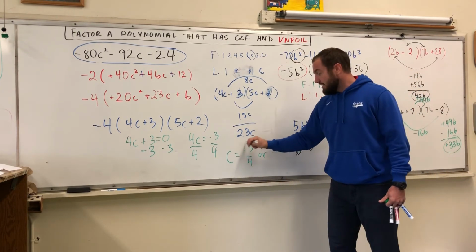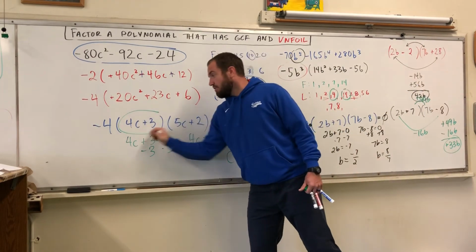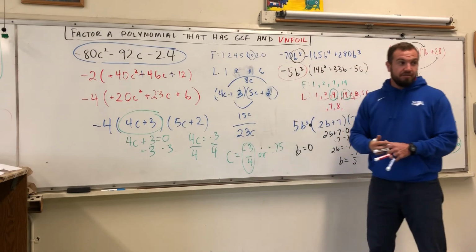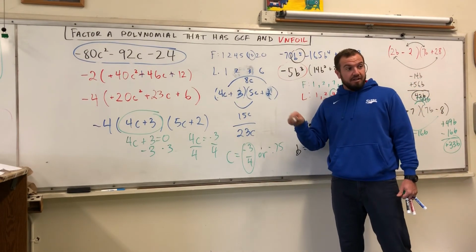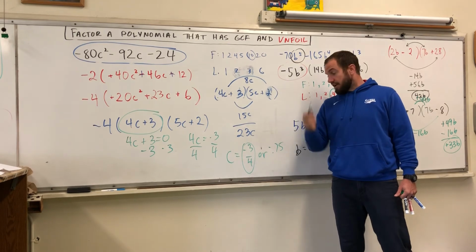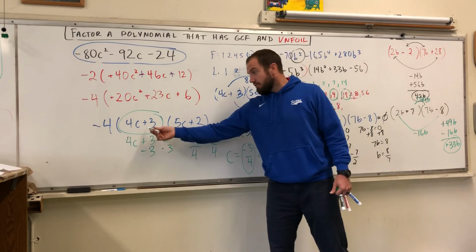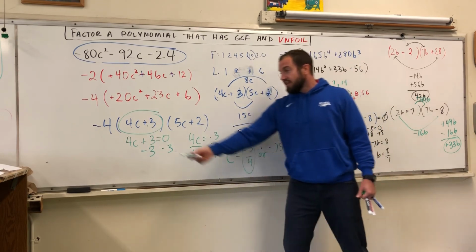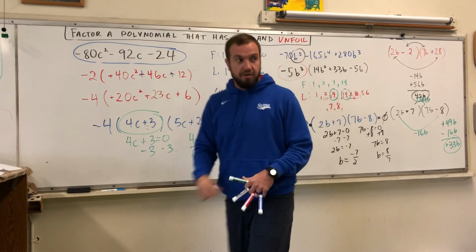You would know that 3 and 4 actually have to go into one of your parentheses. If you really got good at it and you graphed it, used your calc function, and found a zero to be negative 3 over 4, I know if I reverse the negative 3 over 4, I would get a 4c plus 3. You can actually use that to find a piece of your unfoiled.